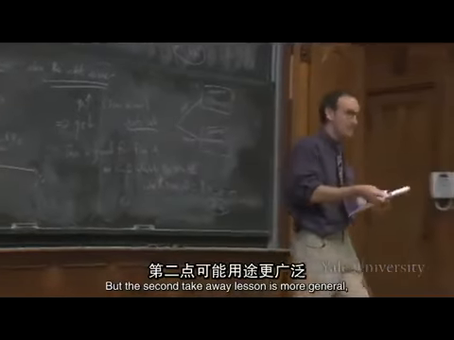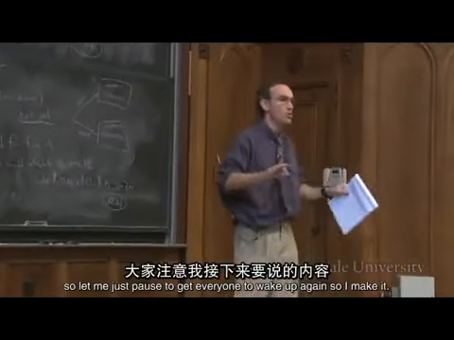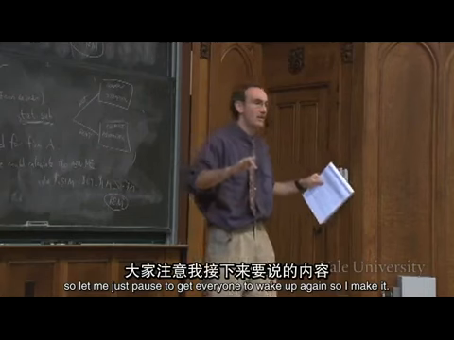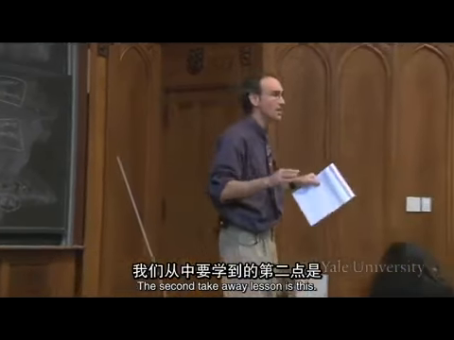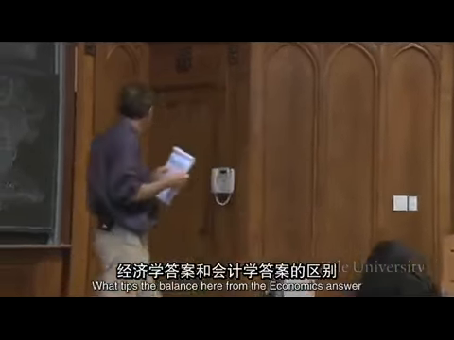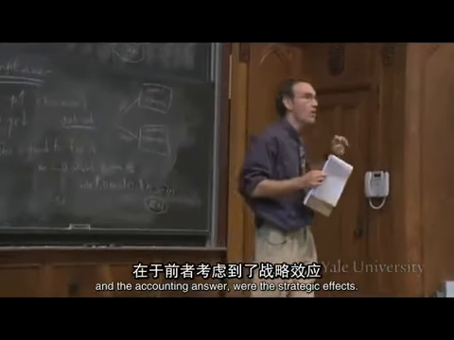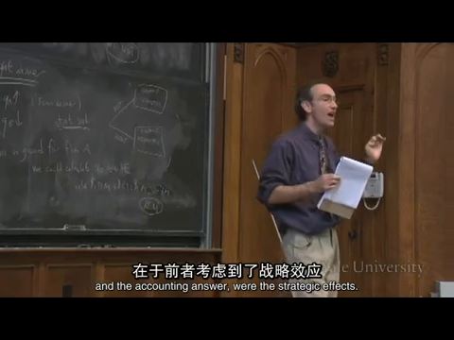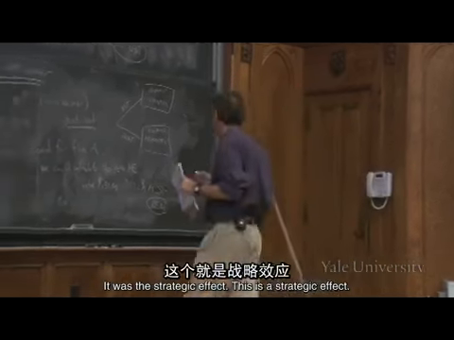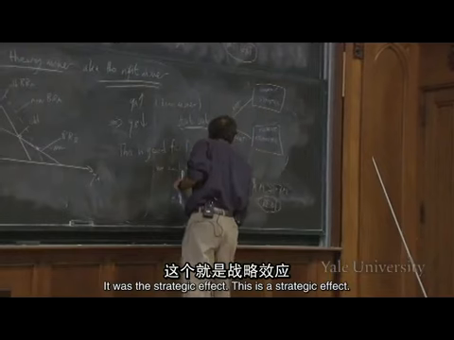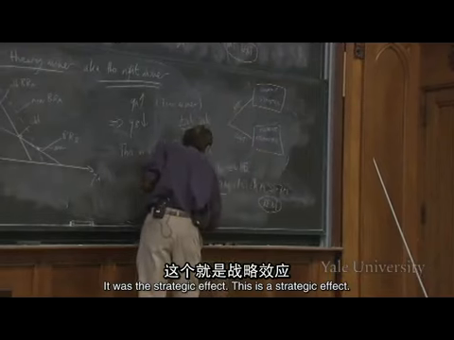But the second takeaway lesson is more general. So let me just pause and get everyone to wake up again so I make it. The second takeaway lesson is this. What tipped the balance here from the economics answer and the accounting answer were the strategic effects. This was a strategic effect.